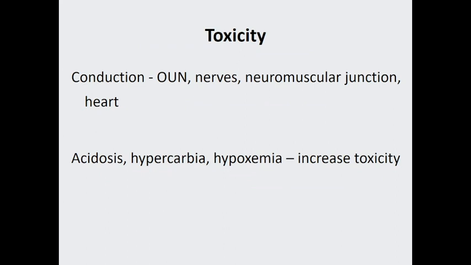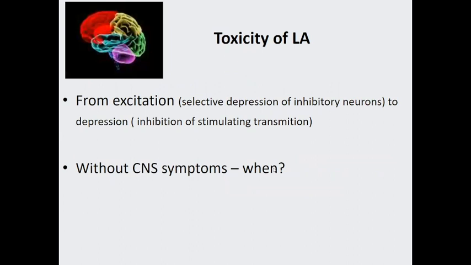So the block of the sodium channels will occur then. The block that happens at the level of the nerve will happen at the level of conduction in the central nervous system and in the conduction system within the heart. So everywhere there are conduction systems. CNS means brain. Acidosis, hypercapnia, hypoxemia increase toxicity.